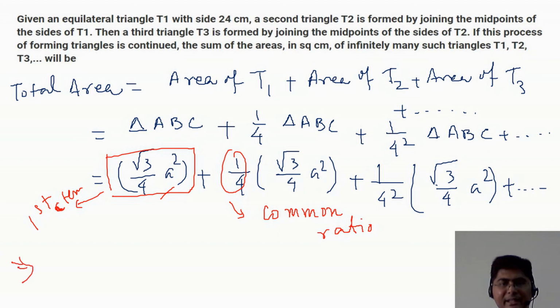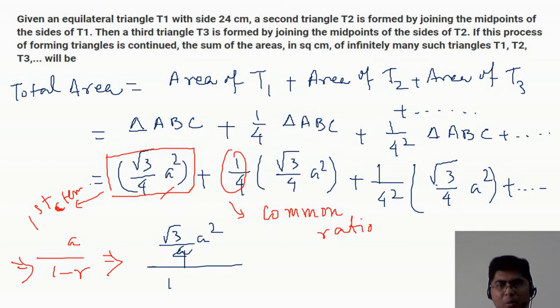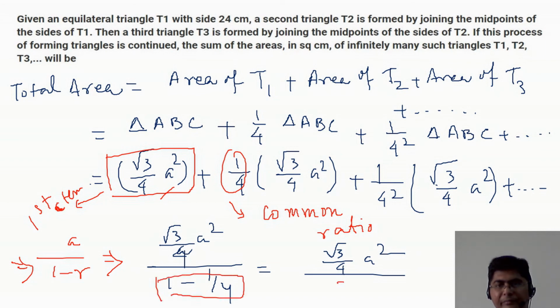As we can see, the first term a divided by 1 minus r. So what is the a here? Root 3 by 4 a square divided by 1 minus, what is the value of r? 1 by 4. So root 3 by 4 a square over 1 minus 1/4, and this term will become 3 by 4.